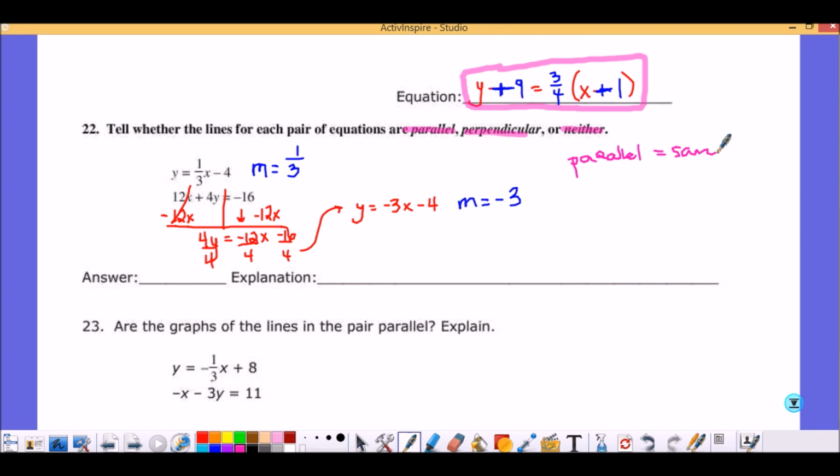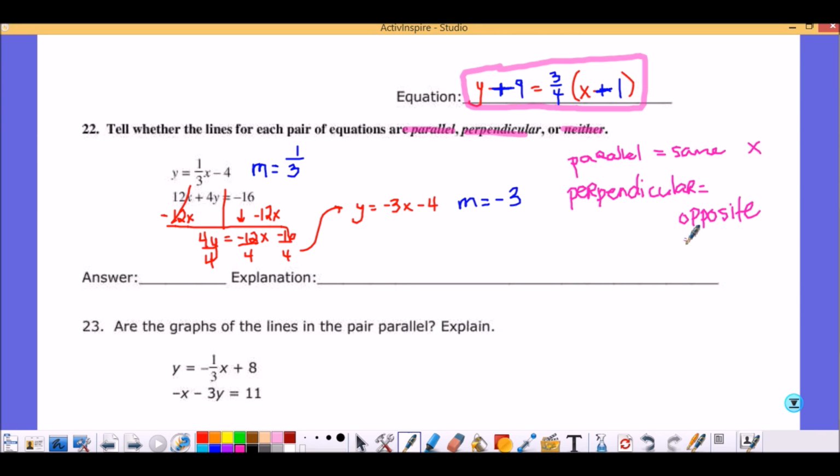So are these two slopes the same? No, so it's not going to be parallel. So let's talk about what perpendicular means. Perpendicular means it's going to be the opposite. So the signs are going to be opposite. So if it was positive, then the other one's negative. Oh, and look, we have a positive and a negative.